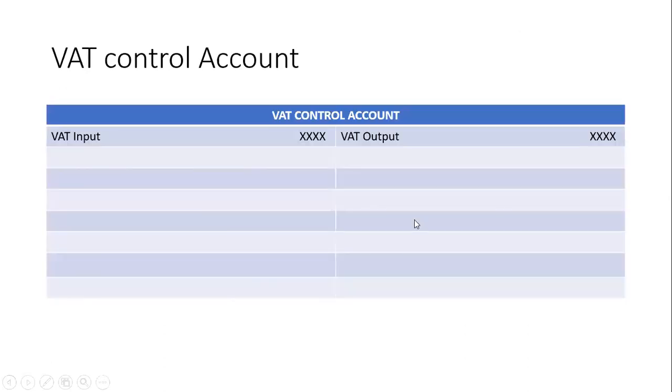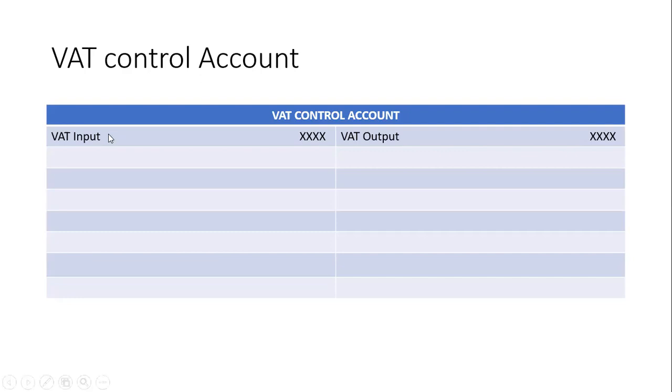I went back a little bit, I'm sorry about that. And then we have the VAT control account. The VAT control account shows VAT input and VAT output, right? So VAT input is always on the debit side and VAT output is always on the credit side, right? So here what happens is at the end of the month or the period that we were supposed to pay SARS or claim from SARS, this is what we're going to do.